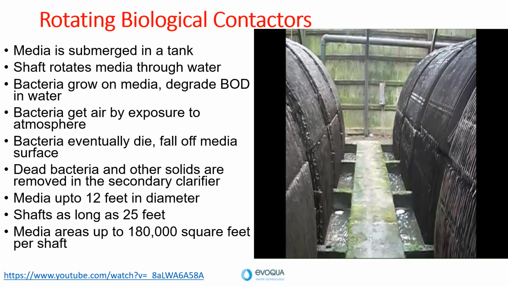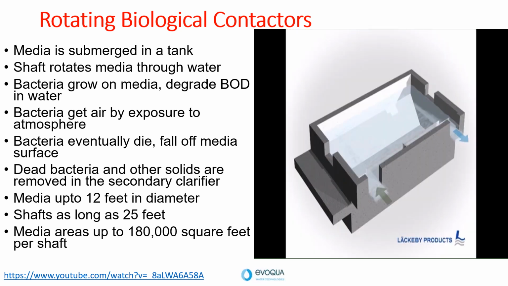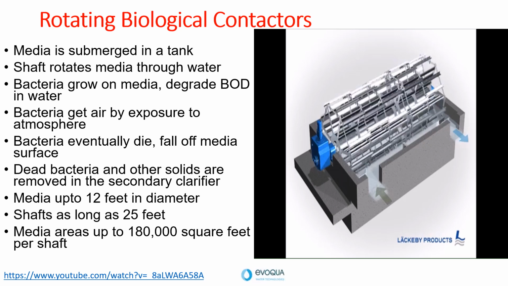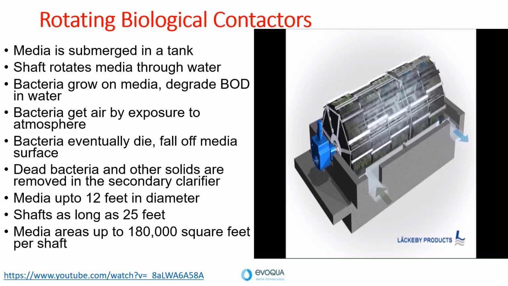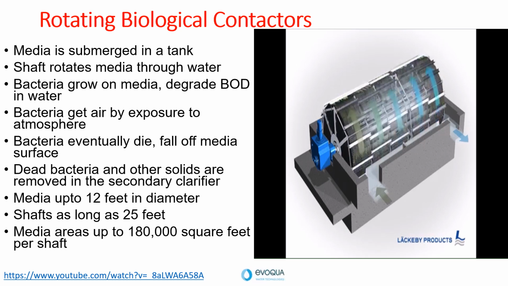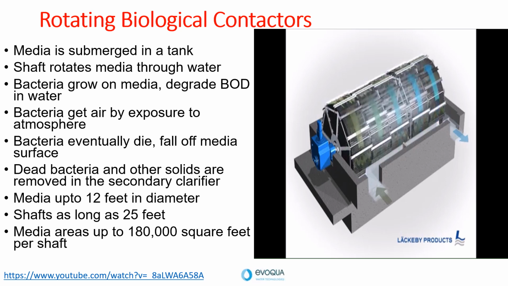So if you see here, this shaft is rotating at a very slow speed of 1 to 2 rpm. So we have a tank which is filled with the wastewater on which the shaft is placed, and the shaft is packed with closely packed plastic sheets, that is the carriers.